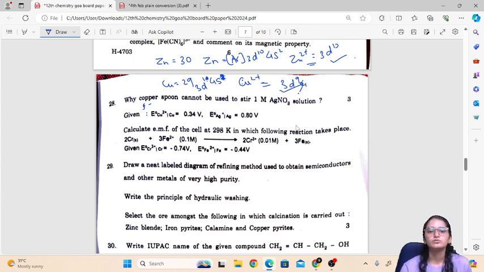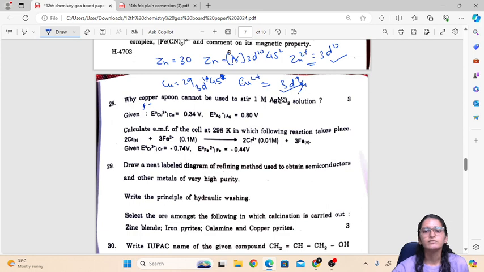If you use a copper spoon to stir this solution, it will replace silver from the solution, and there is no use of doing that, because we are stirring the solution, but if silver is getting displaced from the solution, then there is no use of stirring. So that's why we are not using copper.